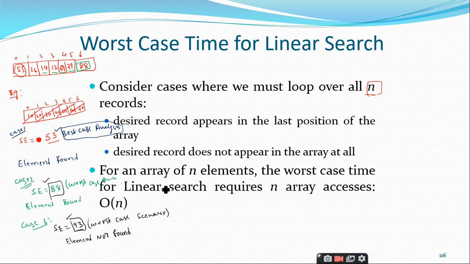And what about the average case? Average case means you will find the time taken to find the element if it is the first element in the list. You will find the time if the search element is present as the second element, and you will also find the time if the search element is third.